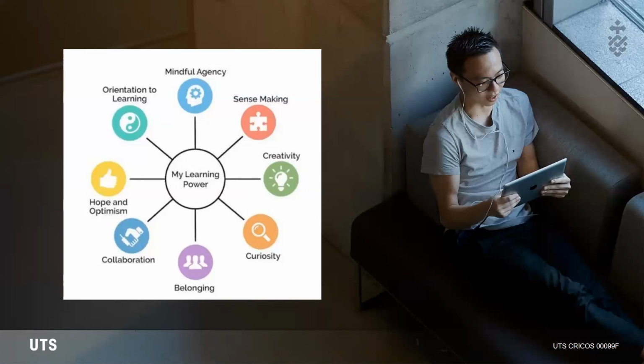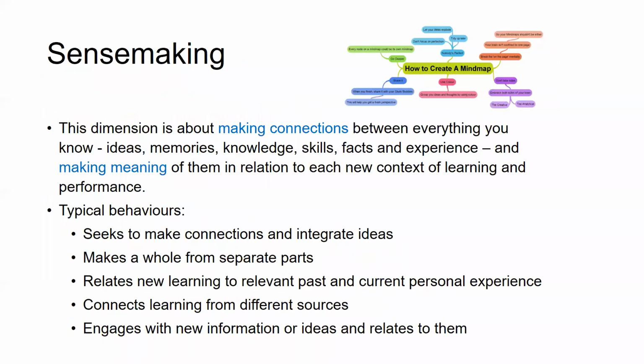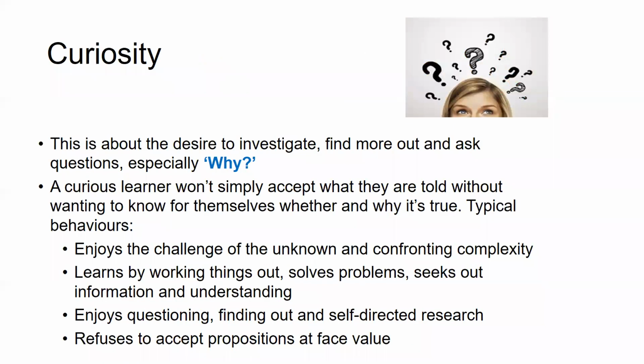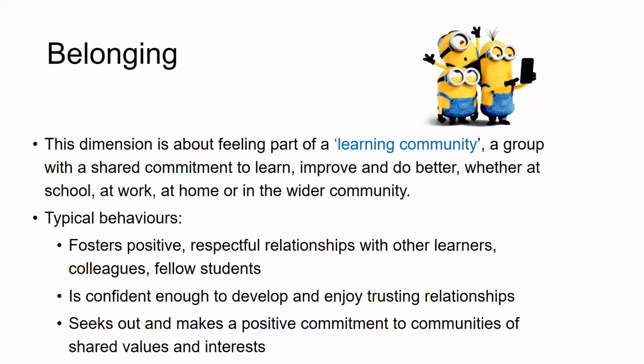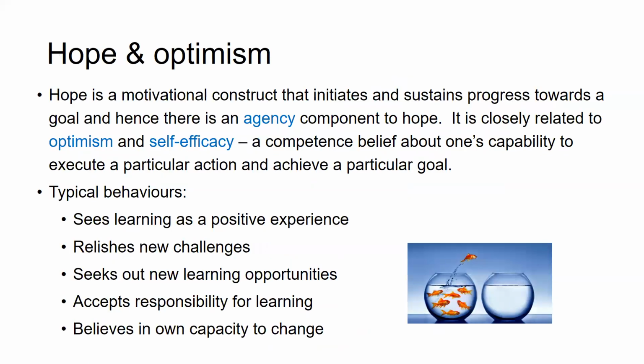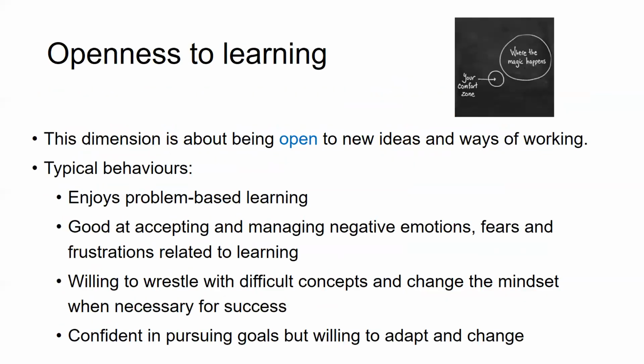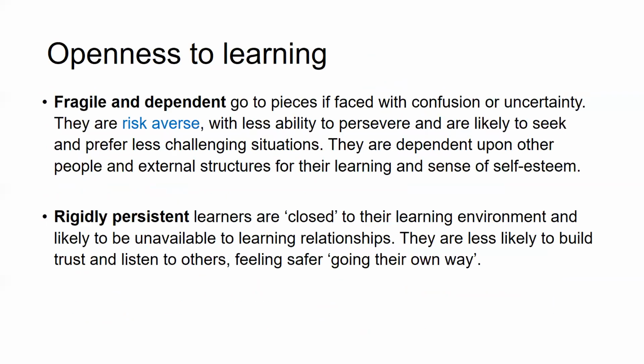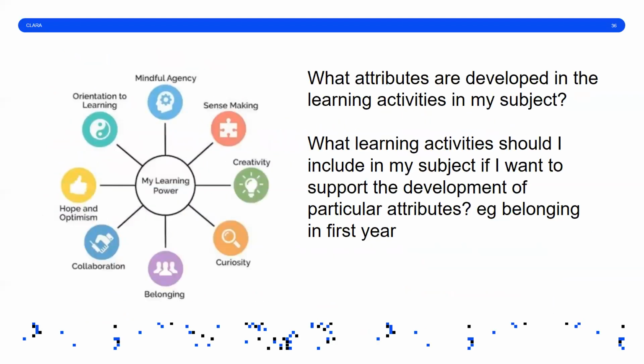I've got some slides which go through each of the aspects, but we've talked about most of those. So again, the workshops on the Clara framework are workshops with individual students rather than with program academics.